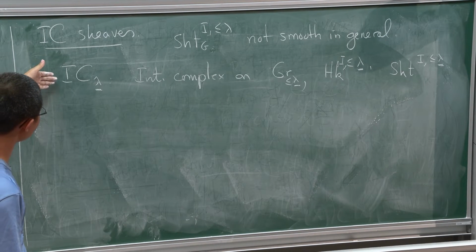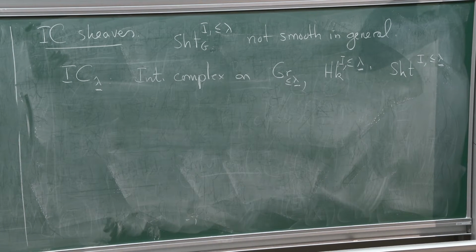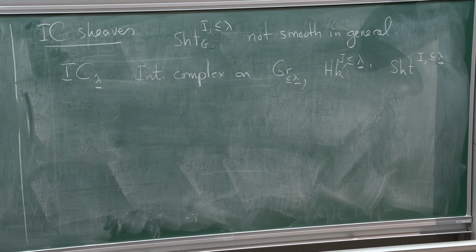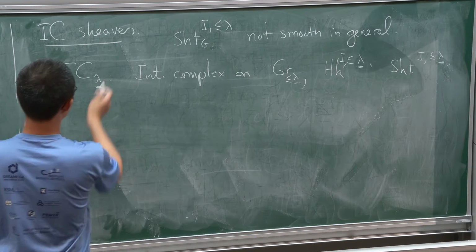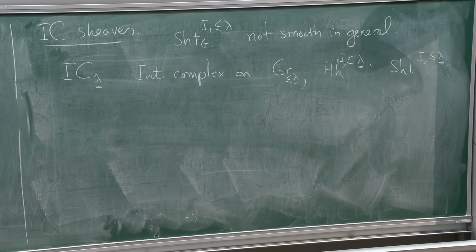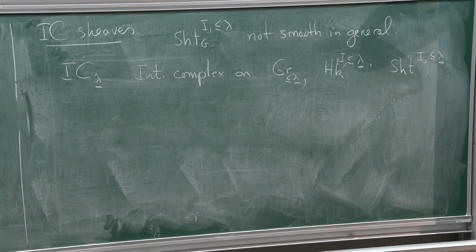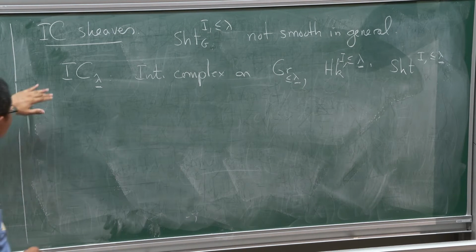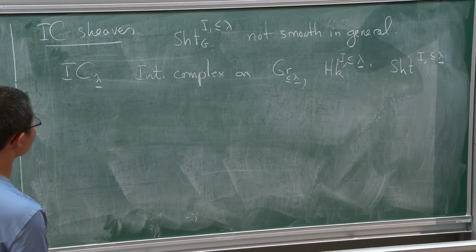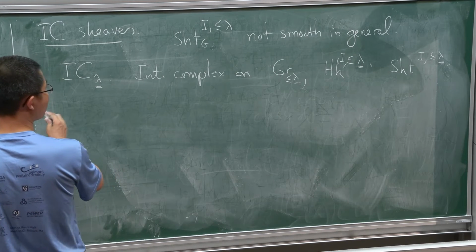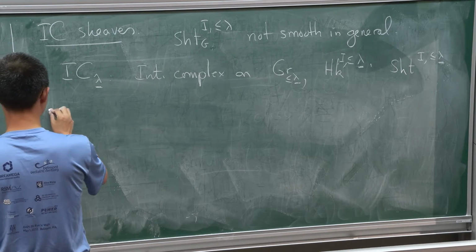The study of these intersection complexes is really one of the key new ingredients in Vincent Lafforgue's work, as he uses deep results about the properties of these IC sheaves, especially when you have not just one lambda, but a tuple of lambdas. But I don't have time to elaborate on that. So let's just give a definition in one case, which is the iterated case.